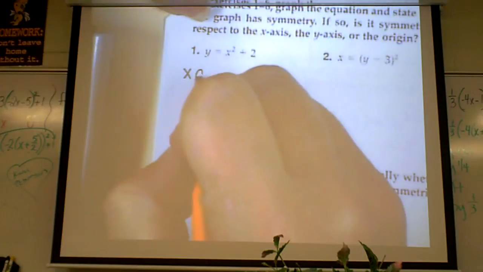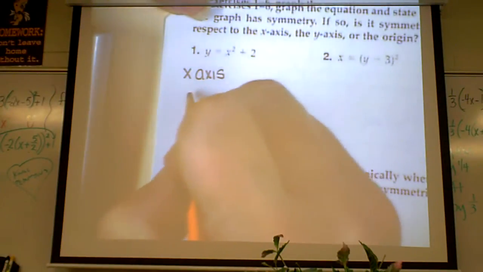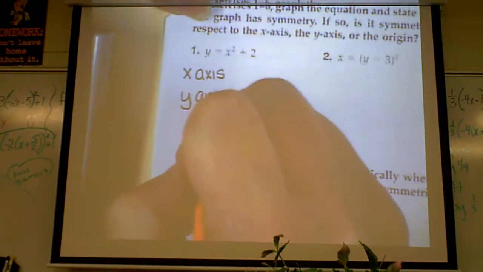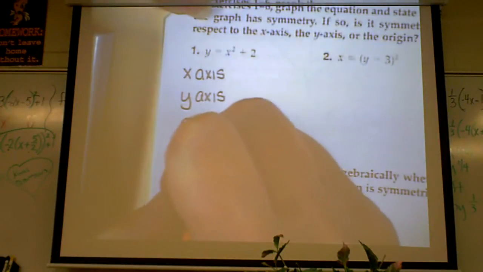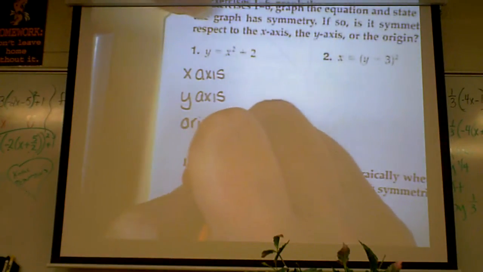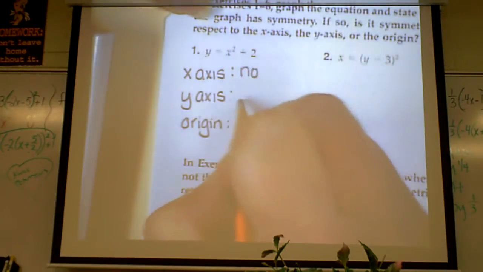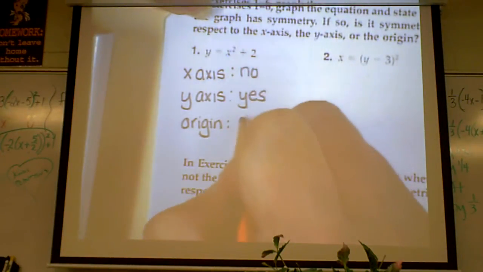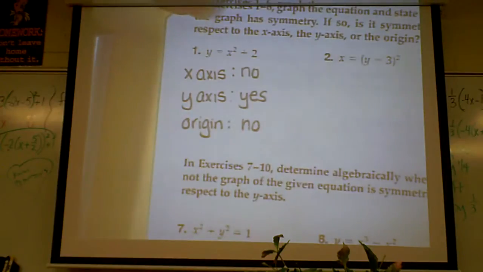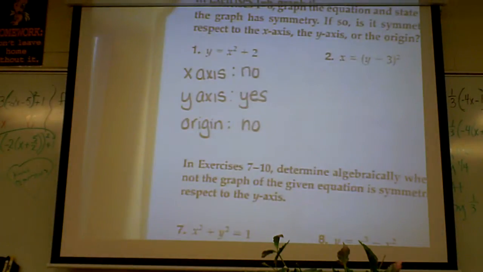So for the x-axis, the y-axis, and the origin, you would say no, yes, no. You guys have to answer the question.